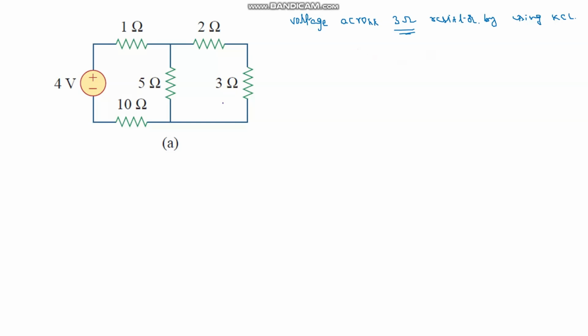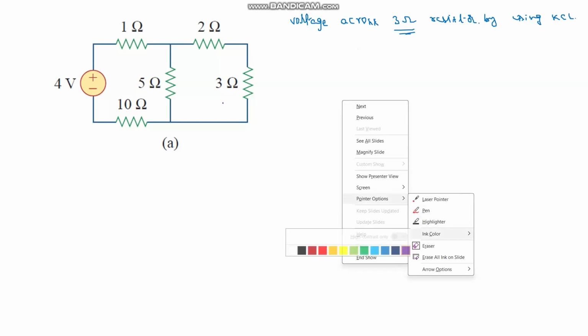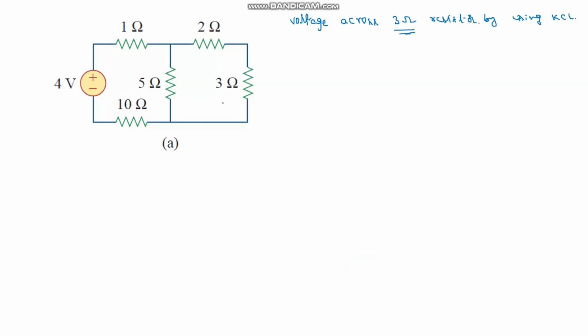For example, let it be this point. At this point, only two elements are connected together. It means the amount of current passing through this 4 ohm resistance is exactly equal to the current passing through the 1 ohm resistance. It means there is no current division at this point. That's why it is called a node.